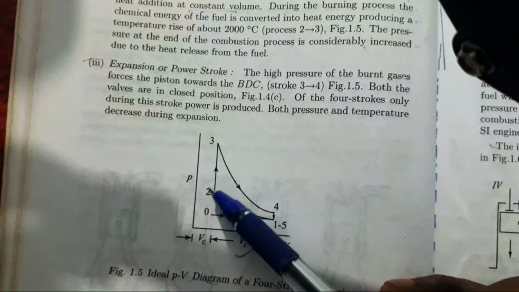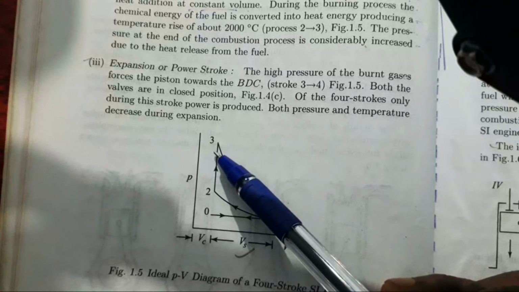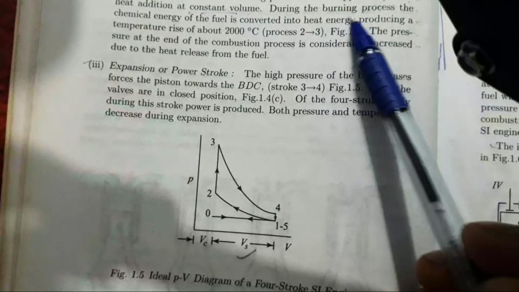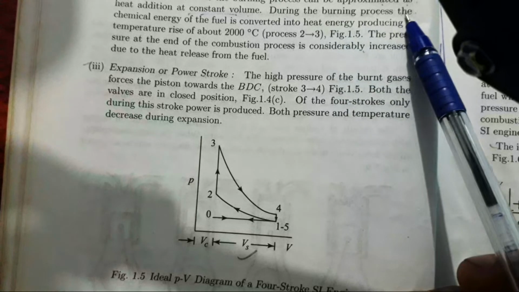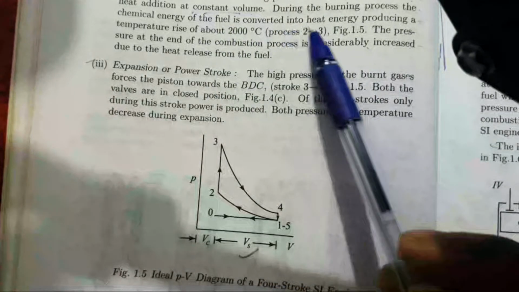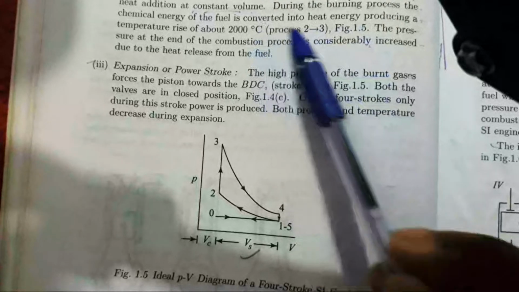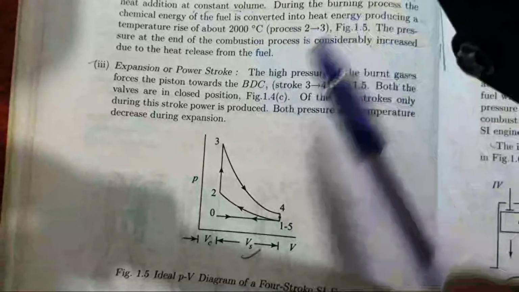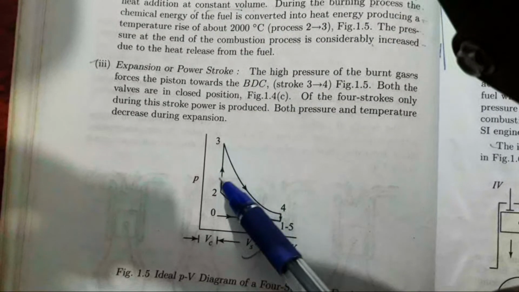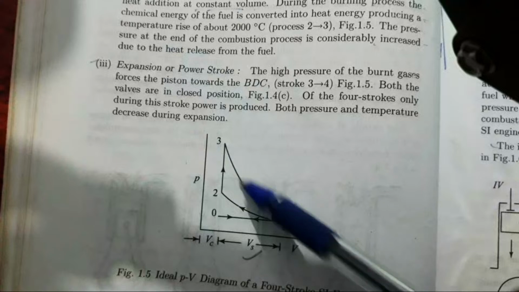This is showing constant volume, and in this position, the burning process, chemical energy is converted into heat energy. 2 to 3 is at constant volume. 3 to 4 is expansion.